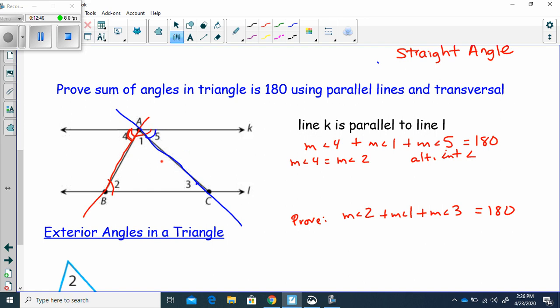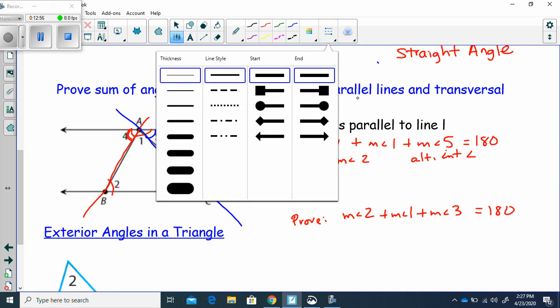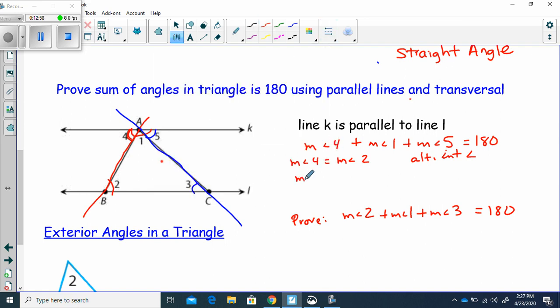Aren't angle 5 and angle 3 alternate interior angles? Well, if they are, then, let's go back to our red pen. The measure of angle 5 is equal to the measure of angle 3. Same reason, they're alternate interior angles, right?